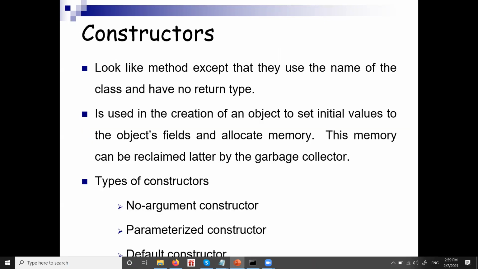All right. So I wanted to come to the constructors because, as I said, this is something that you haven't seen before. A constructor looks much similar to a method, but there is one difference. Number one, the constructors use the same name as the class. Number two, the constructors have no return type. They look like a method, but they use the same name as the class, and they have no return type.